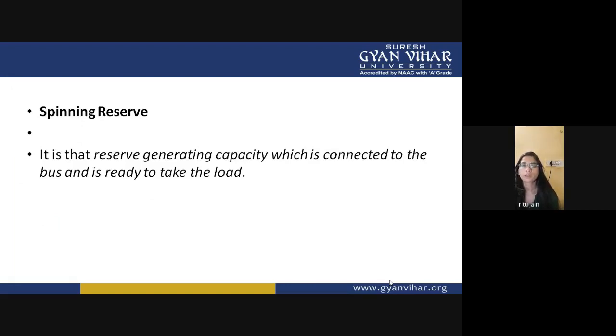In hot reserve capacity, it is continuously in operation, but not in service. And spinning reserve means it is ready to use; whenever you want, it is ready to take the load. So there are three types of reserve capacity of a power plant.